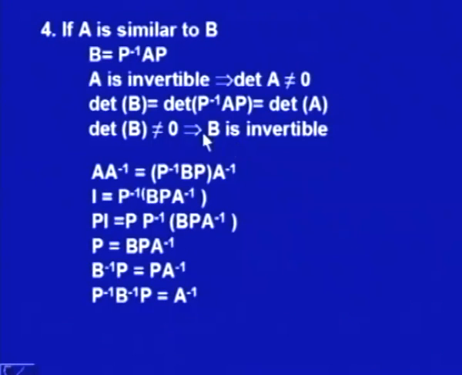Once B is invertible, then we consider A into A inverse. A is similar to B, so I write it as P inverse BP into A inverse. Now A into A inverse is identity, so this simplifies to P inverse BP A inverse, or we can write it as P into I. If I pre-multiply this expression by P, it is P into I equal to P times P inverse BP A inverse.